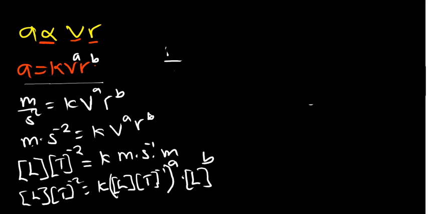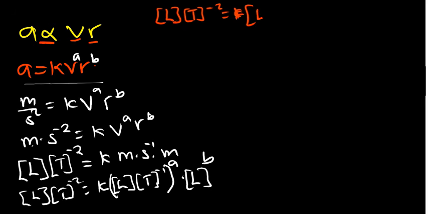Let's create space here. On the left hand side, we have length, then T raised to the power negative 2, which has to be equal to K, which is a constant. If you want, you can just leave it.